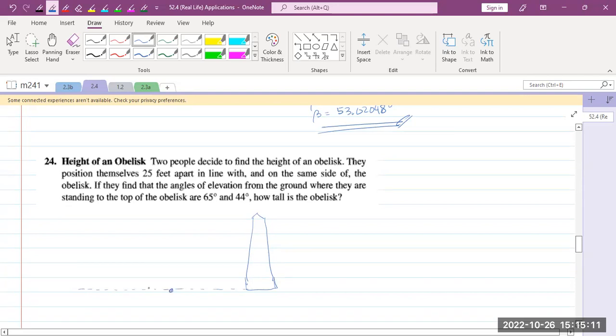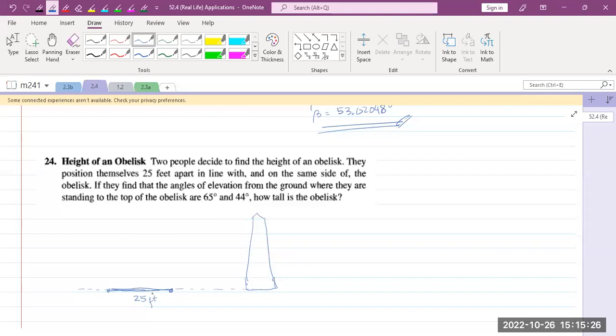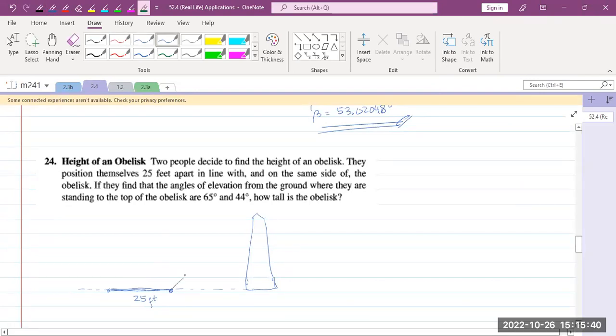So this is 25 feet apart. Okay, on the same side of the obelisk. They find the angles of elevation from the ground, where they are standing, to the top of the obelisk are 65 degrees and 44 degrees. So angles of elevation will be this angle here and this angle here.